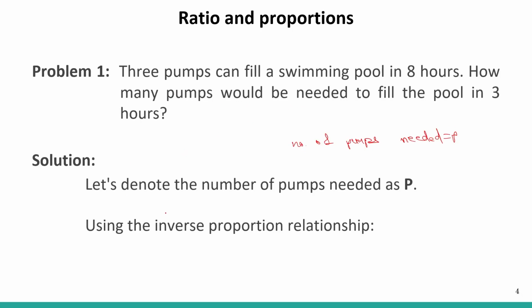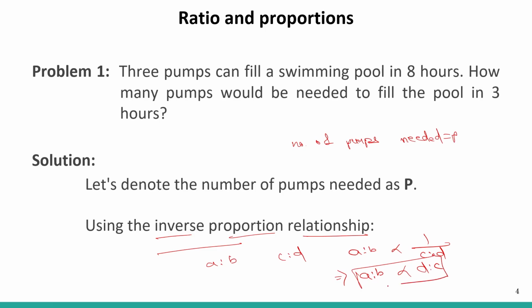What was inverse proportion? If A is to B is inversely proportional to C is to D, this implies A is to B is directly proportional to D is to C. So we'll use this concept.